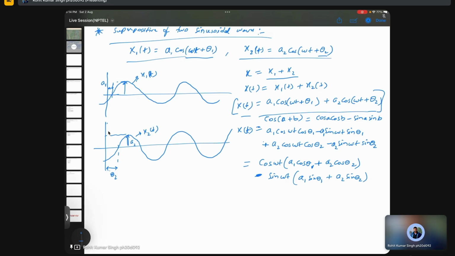And now what you can write is, so now you see this is a cos omega t something, then sin omega t something, right?